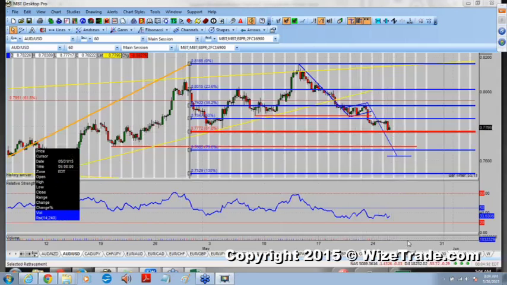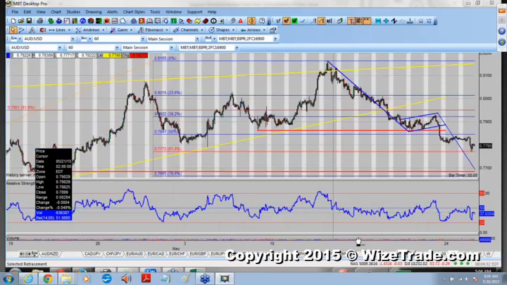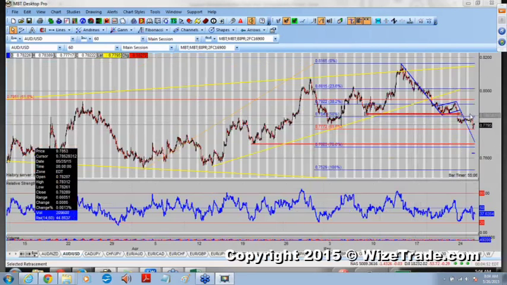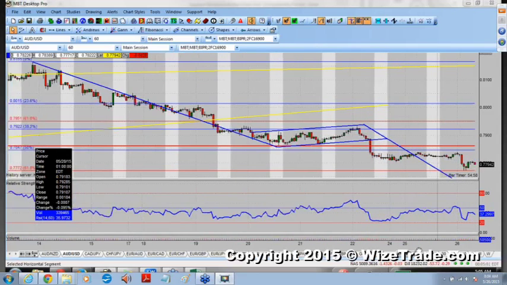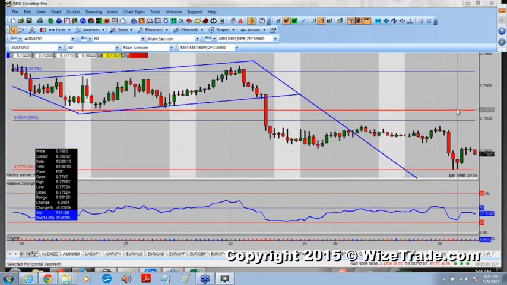Now, resistance. Any rally back to this 78.60, we'd probably see some sellers if we can get there.